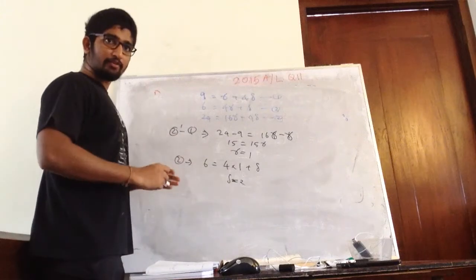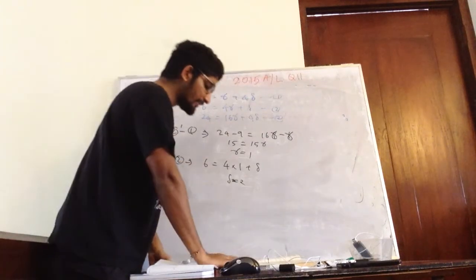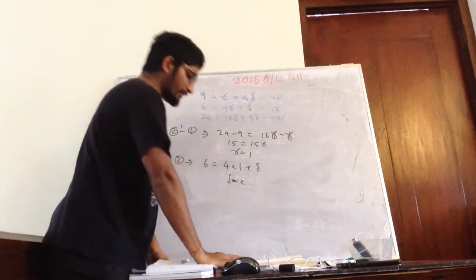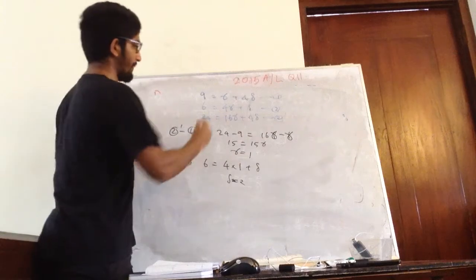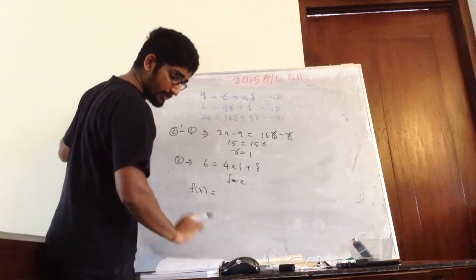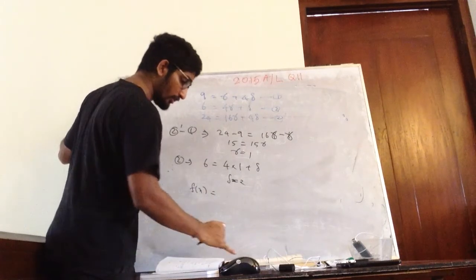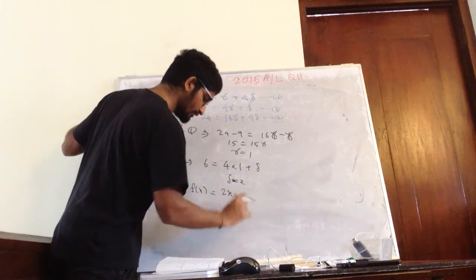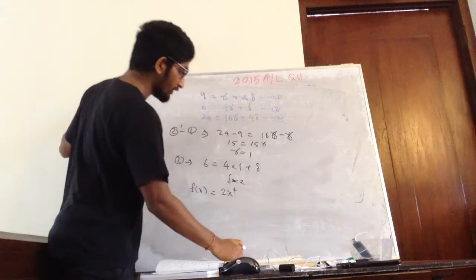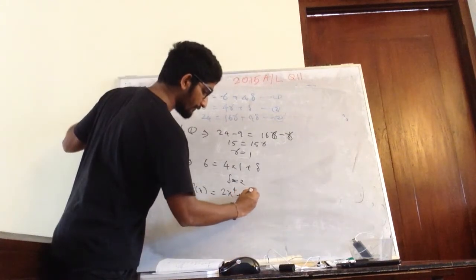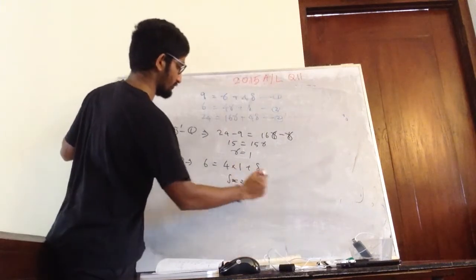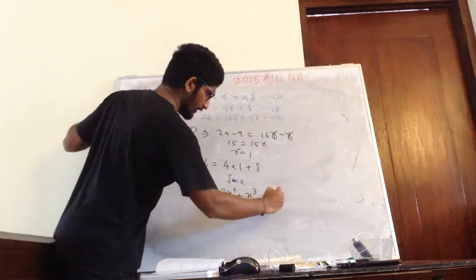Then what are we going to do? They are asking us to find the two linear factors of f(x). So now f(x) can be written as 2x^4 plus, since λ is 1, x^3 plus 2x plus 1.